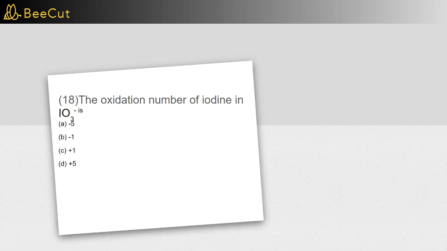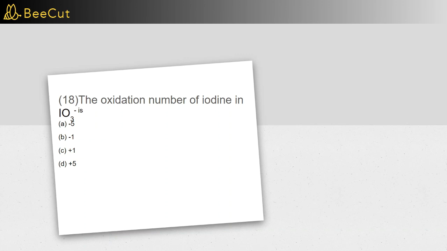In doing this, we are looking for the oxidation number of iodine, and to do this, we represent the iodine by letter X. The oxidation number for oxygen is -2 multiplied by 3. And we have a charge. The total value of the compound will be equal to the charge, which is -1.